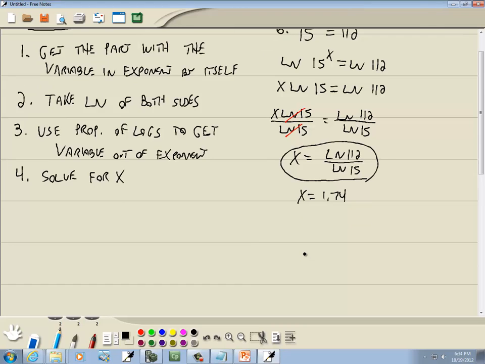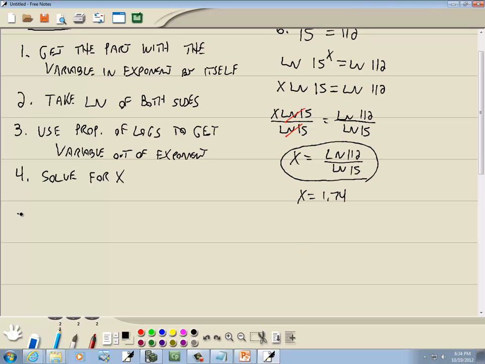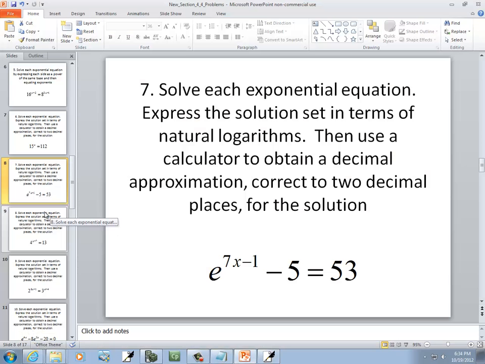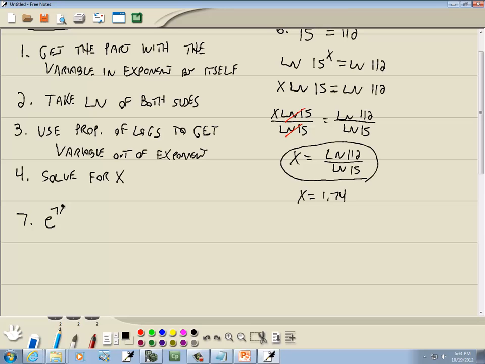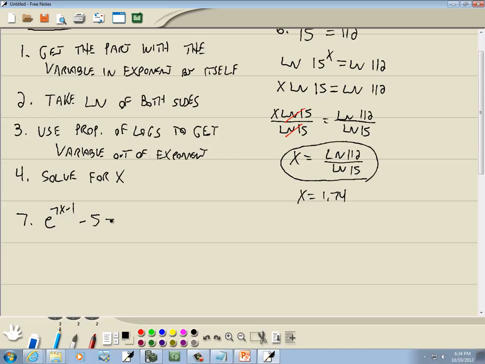Let's look at another problem. So we got e to the 7x minus 1, minus 5 equals 53. Now, first step, get the part with the variable and the exponent by itself.